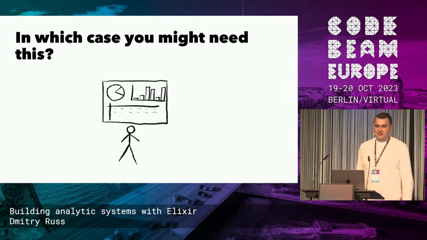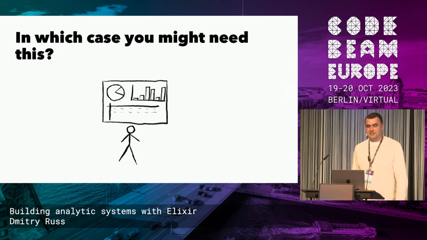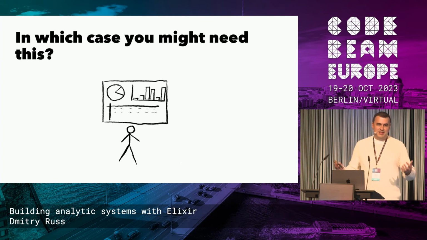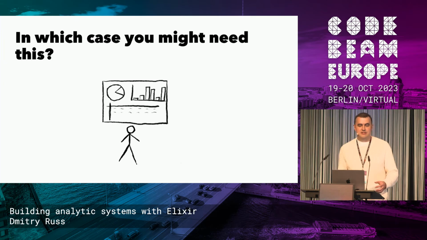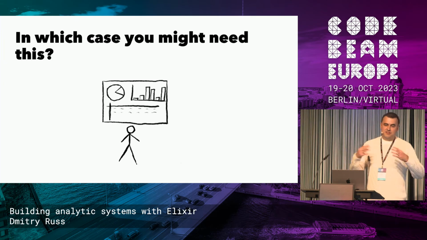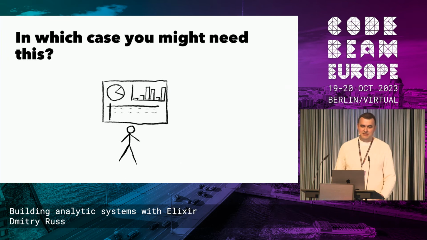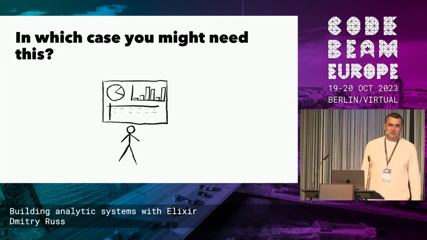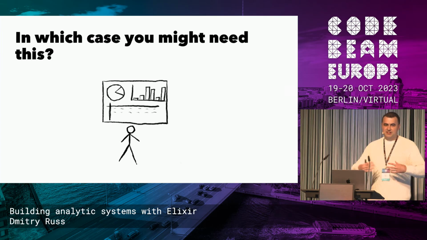For this, I have a picture of how your analytic system will look in the front end. You have a user, and he looks into the data. It has different aggregations, and he might go and introspect this data, and he wants it to run smoothly and interactively.